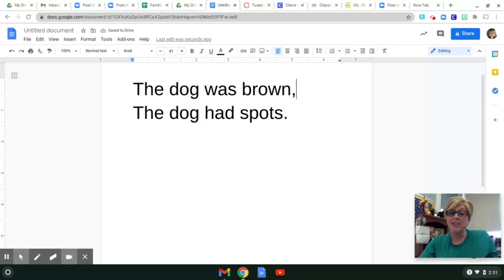The dog was brown, the dog had spots. Before we can combine the two, we also have to add what we call a coordinating conjunction.